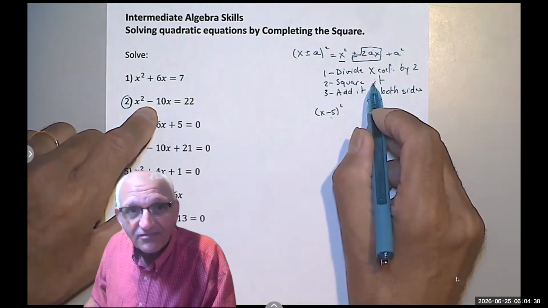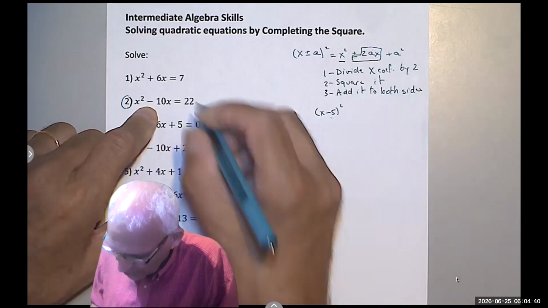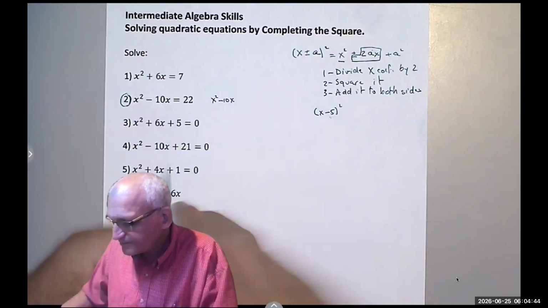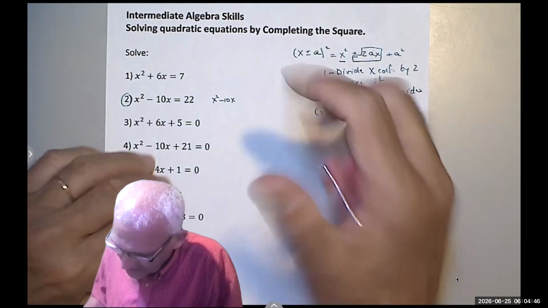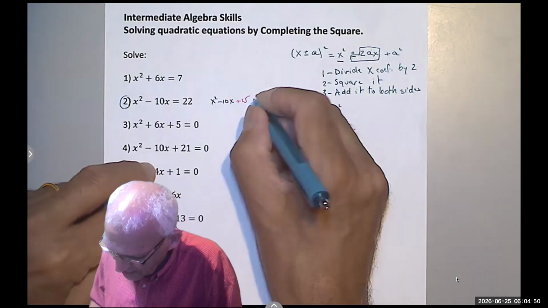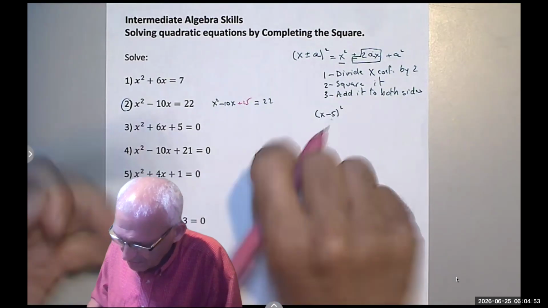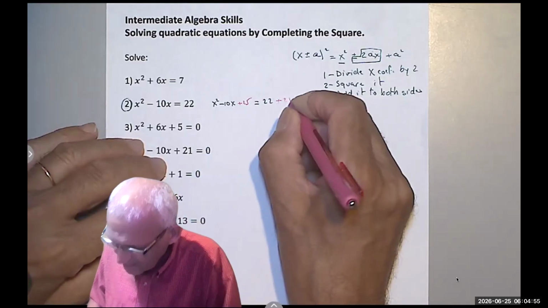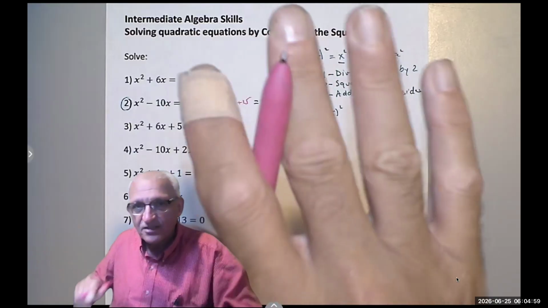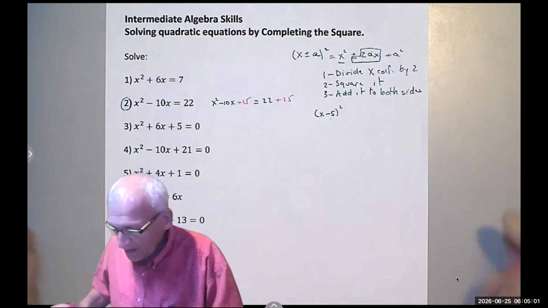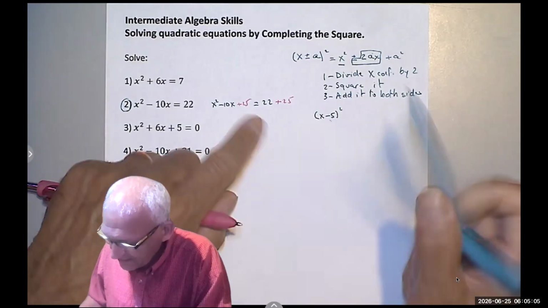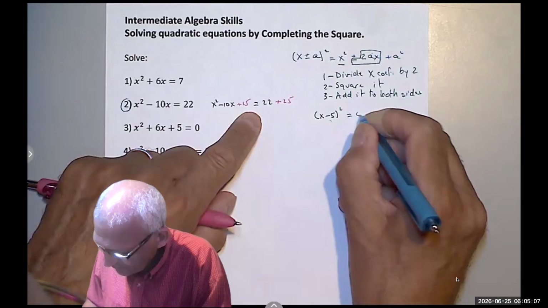So it becomes 25. So I will get x squared minus 10x plus 25 equals 22 plus 25. I just added 25 to both sides, so my scale stays in equilibrium. This side becomes x minus 5 squared. The right-hand side becomes 47.